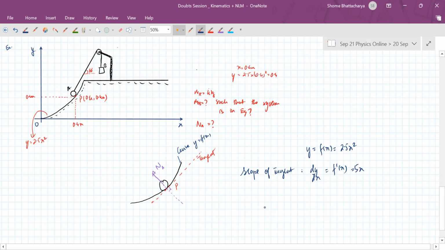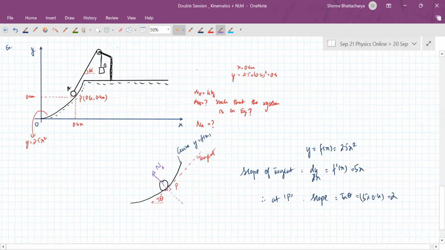That is 5x. So therefore, at the point P, the slope, which is basically tan theta, where theta is this angle, is 5 into 0.4. That's 2.